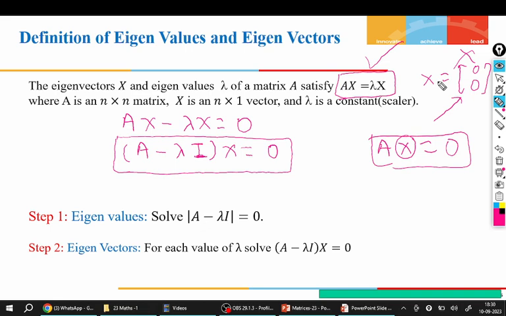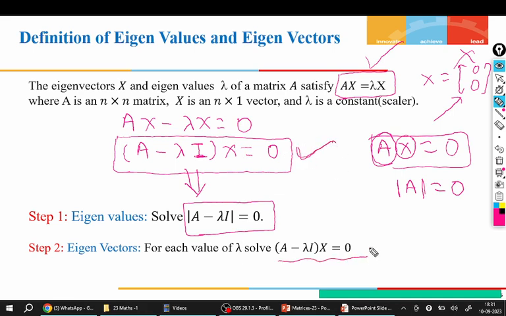So to get a non-zero solution, we have a condition on the coefficient determinant: the determinant should be 0. For AX equal to 0, we have a non-zero solution if the coefficient determinant is 0. Because of that, we solve determinant of A minus lambda I equal to 0. Solving it, we get eigenvalues. And for each value of lambda, we solve the same equation to get the eigenvector.